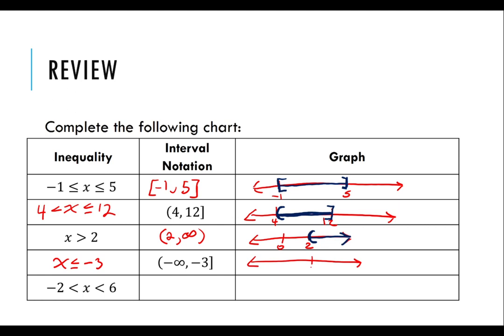Then for reference 0, 3, then our graph goes from -3 and everything to the left. -2 to 6, not including either endpoint, and then our graph, -2, 6, it's going to be parentheses on both of those endpoints and everything in between.